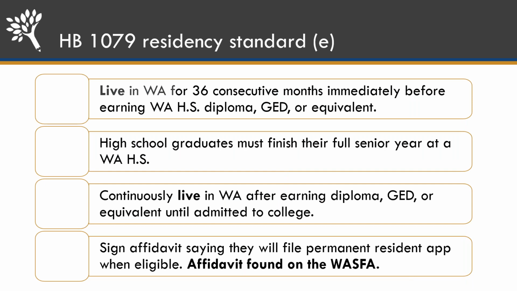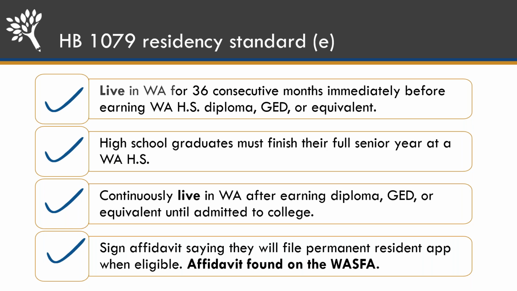Again, if you remember, this is E. This is our 5th type of meeting residency. It's a fairly straightforward test that a student has to meet. They have to live in Washington for 36 months right before graduating high school or earning an equivalent to a high school diploma.